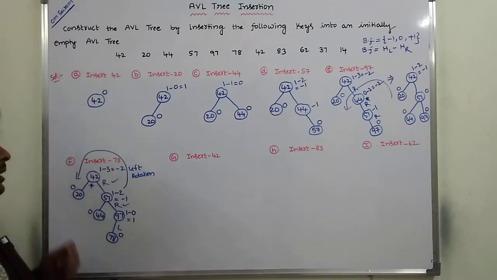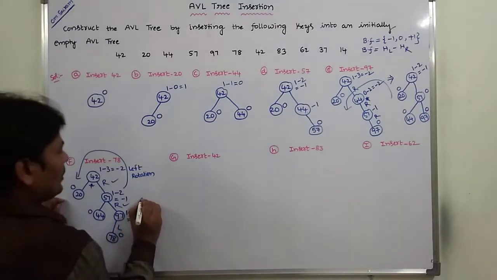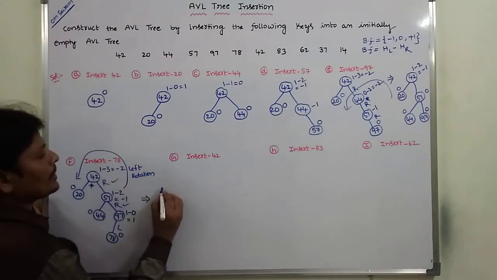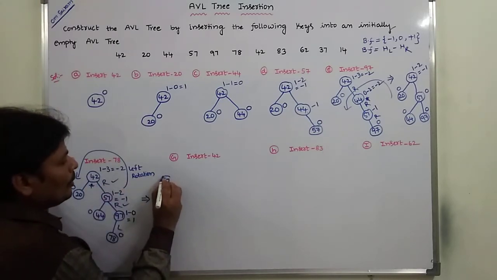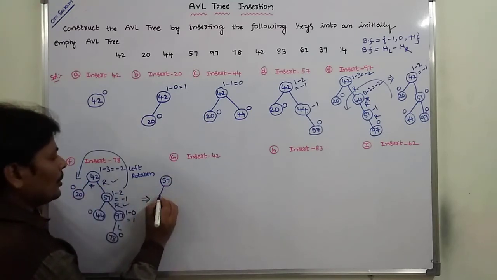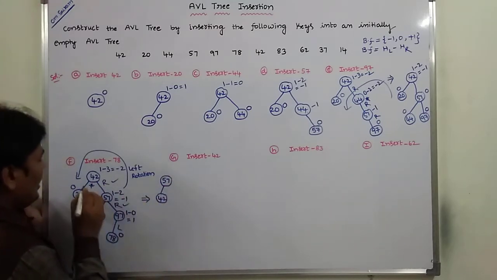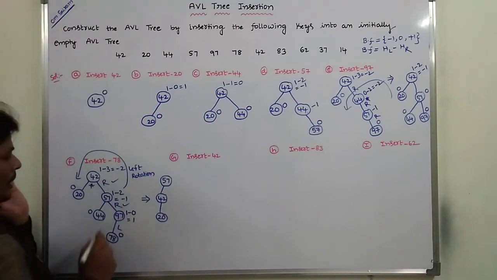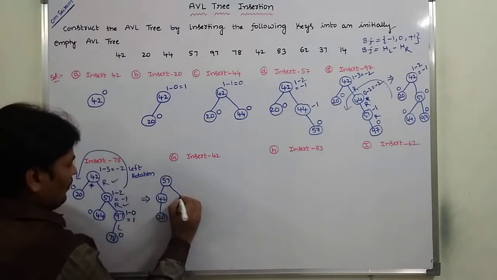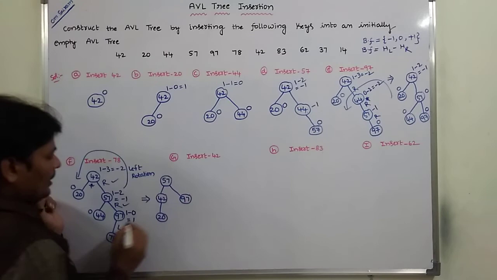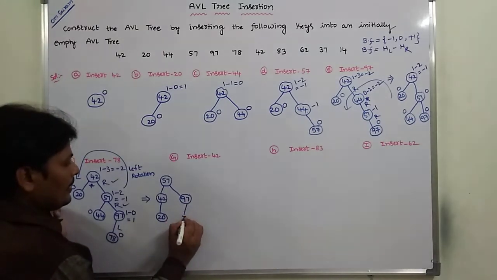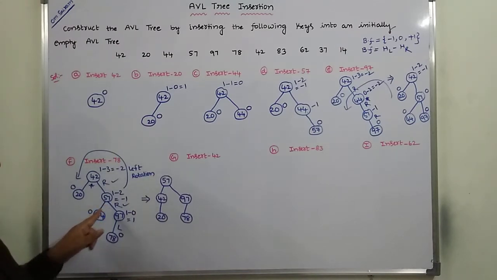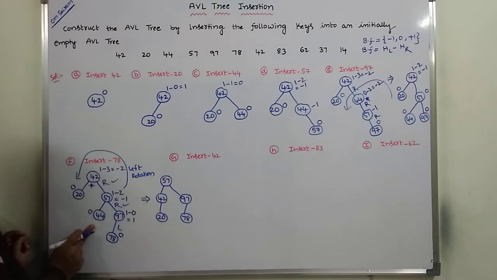to the left side. So now what is the tree we are getting? 42 goes down and 57 goes up. So 57 goes up and 42 goes down and 20 goes down. Now 57's right child is 97, 97's left child is 78, and 57's left child is 44.